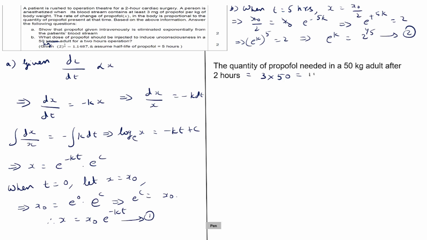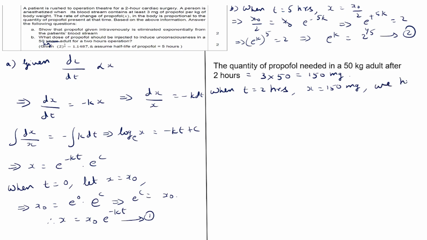So it is equal to 150 mg. So when t equal to 2 hours, x equal to 150 mg, we have to find x naught.